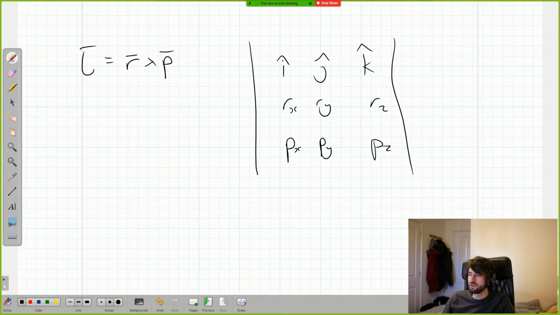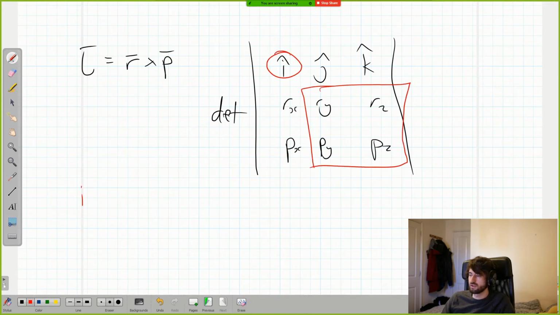Then we can find the determinant of this matrix. The determinant means we chunk it into three little mini matrices. We grab this and chunk this matrix out and multiply them like this.